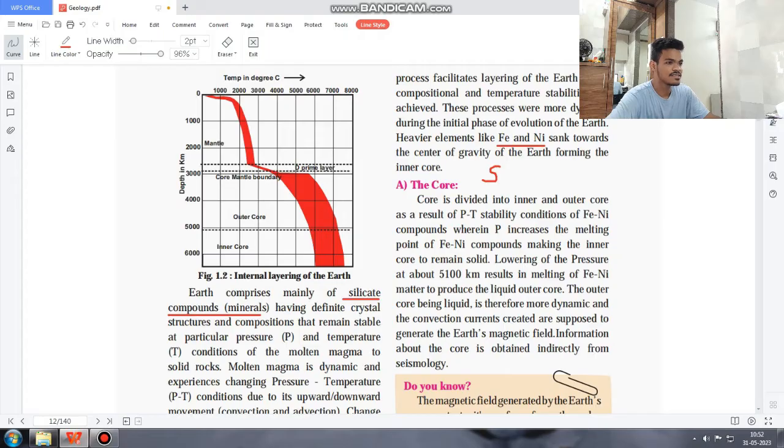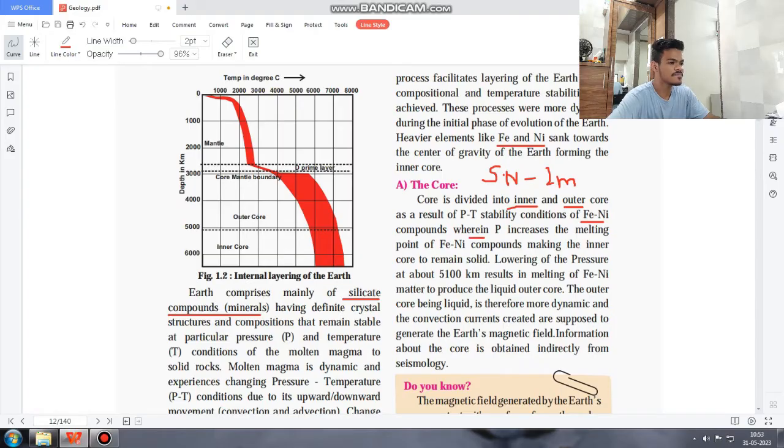Now this core can come as a short note. Write a short note on core. I'll write a short note on core for 2 marks. Core is divided into the inner and outer core. It is under stable condition of iron and nickel compounds, where pressure increases in the inner core and hence it remains solid.